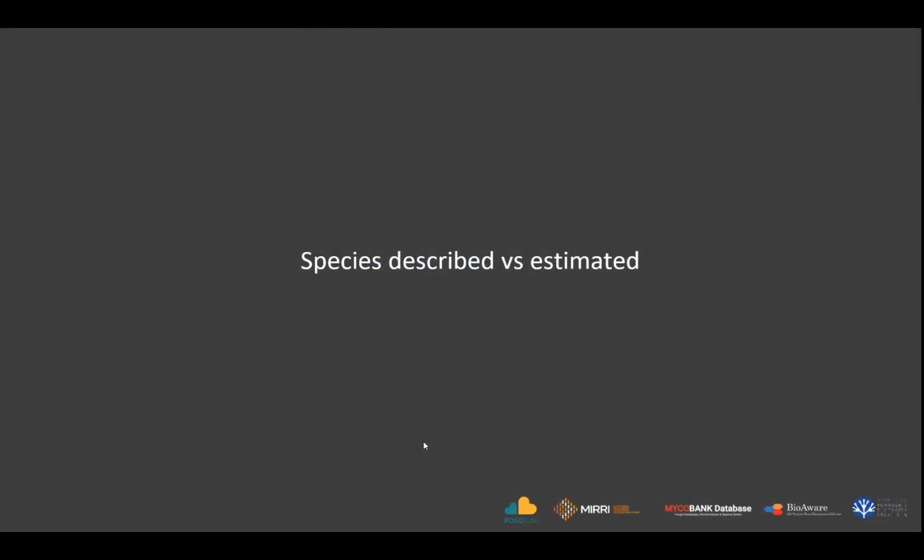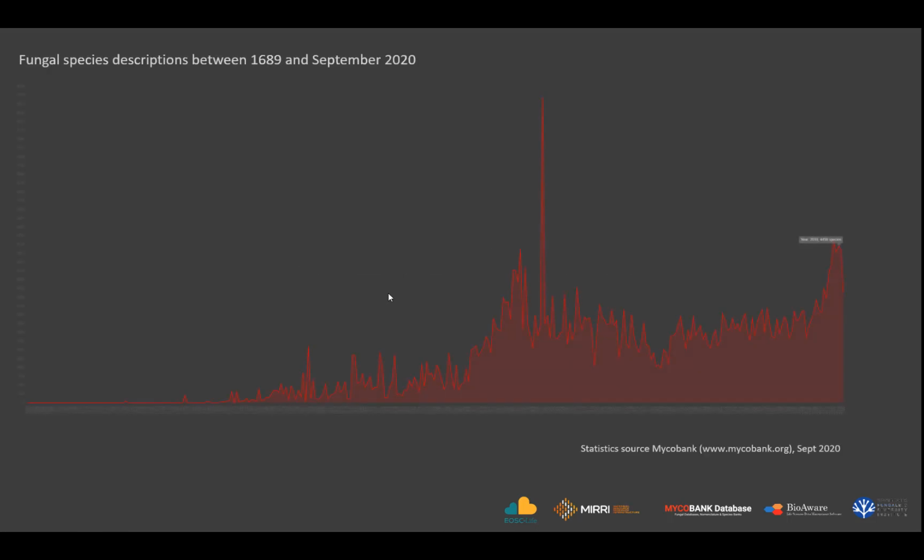So okay, we now have a place where we can store all those species, but how many species do we have? You can see here the evolution of the number of species descriptions over time. The first species was described in 1689, and there was a peak in 1898, for example.